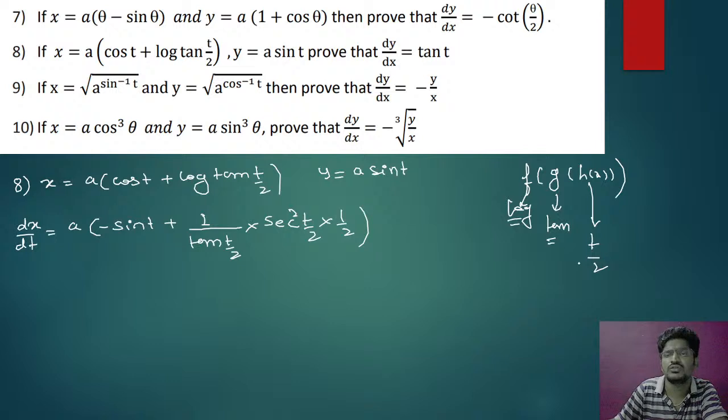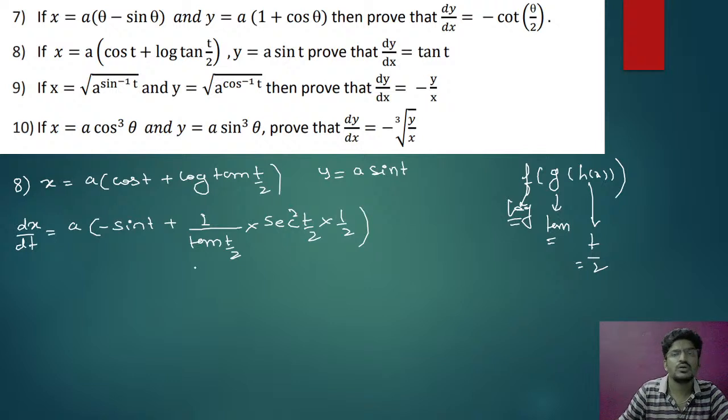So you have three functions. First you differentiate log, that will be 1 by tan t by 2. Next you differentiate g, that will be secant square t by 2. Next you differentiate t by 2, that will be 1 by 2. Okay. So from this you can understand it and you can go on solving the problem. Clear?